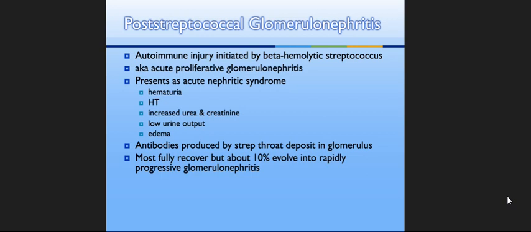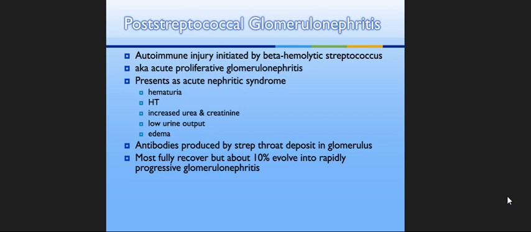So, post-streptococcal glomerulonephritis, AKA, also known as acute proliferative glomerulonephritis. Proliferative means it is growing up. It may present as acute nephritic syndrome.